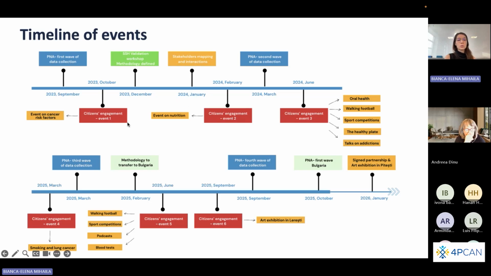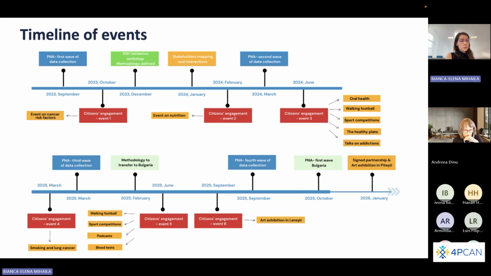We tried to discuss with the local authorities to gain their trust, to be very transparent and very clear about the study and the objectives of the study. And of course, we tried to focus also on schools and on the medical cabinets in Lerești.